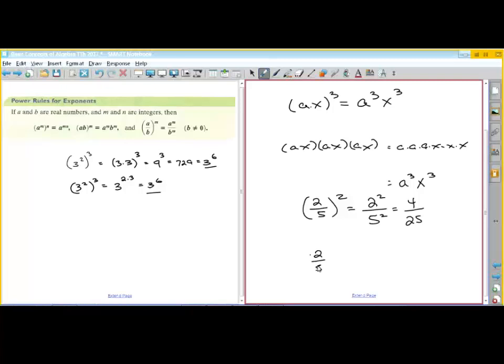Because 2/5 squared is just 2/5 times 2/5, and when you multiply rational numbers together, you multiply the numerators together and the denominators together, and you get the same answer. So this is using the law of exponents. This is just using the definition of an exponential function where the argument is a fraction, which is fine because the only requirement said was that this is a real number, which this is a real number. So anything.